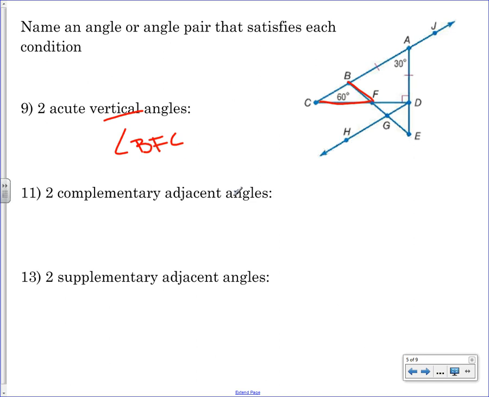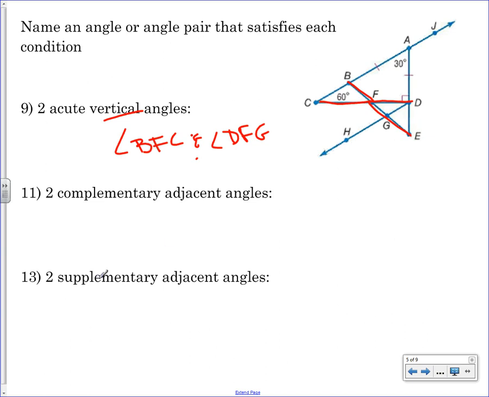It's got to be vertical to that, but also acute. DFE or DFG would be fine. DFG or DFE, either way. Do you guys all understand that those are 2 vertical angles? Do you get that they're both acute? Perfect. Looks good to me. I really didn't know any other ones. I think that was kind of it.